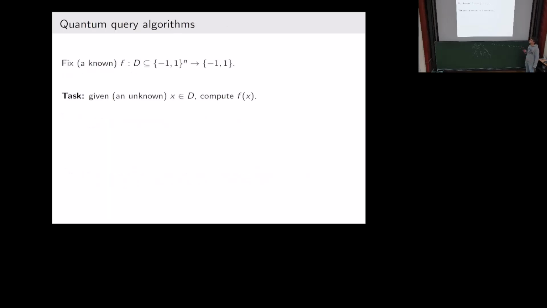Okay, good. So we can continue, and again, in quantum query complexity, the problem is the same. You are given a full description of a Boolean function, and now you have to be able to compute the Boolean function on an unknown input without asking too much about the input.